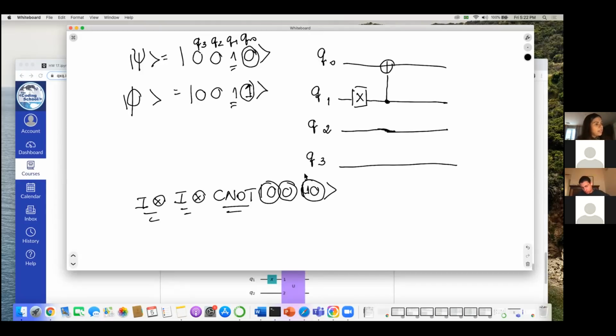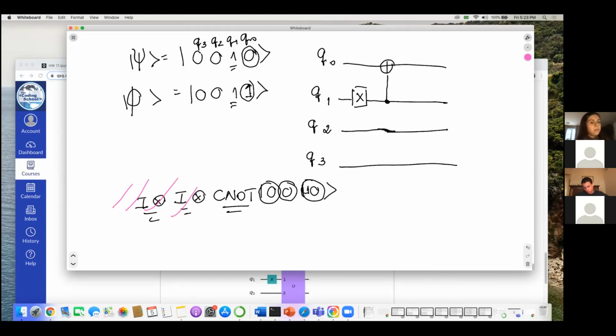That's what it means. That's why you have identities showing before, because if I don't have identities here, I don't know where I'm applying the C naught. I'm going to do it in red because I was using my hand. If I don't have the identities here, I have just a C naught applied and I don't know where.